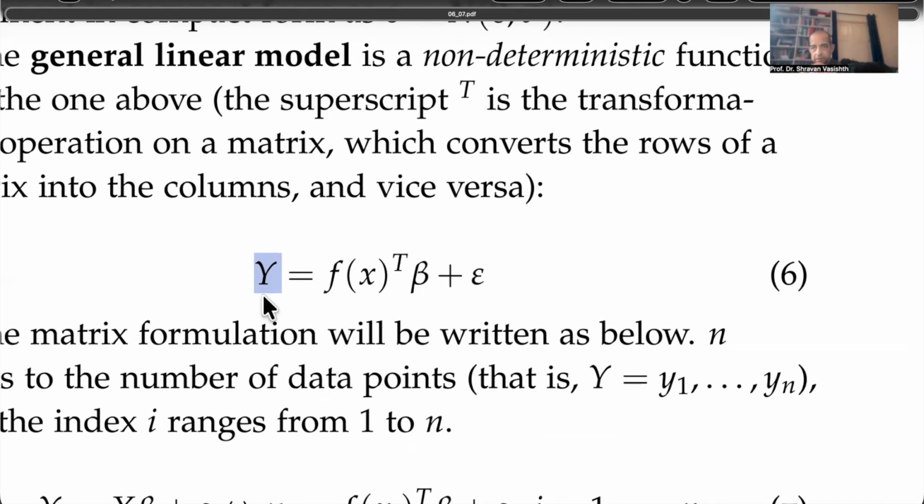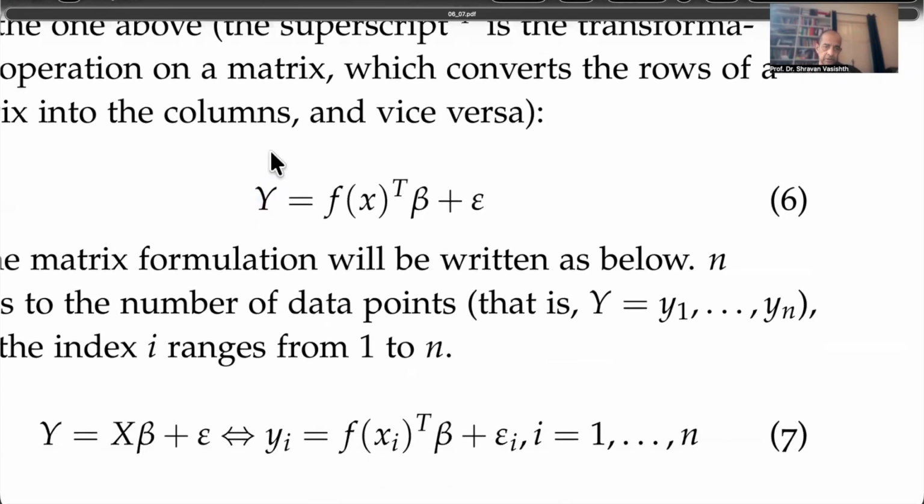So it's got n rows, one column, and here this will be my predictor vector, and this will be the vector of parameters in the model, and this will be a vector containing n residual terms, okay, because there are n data points, okay?